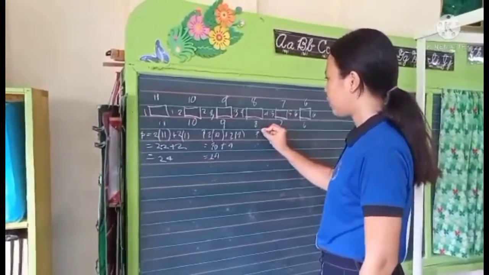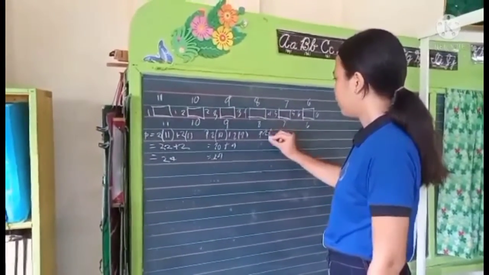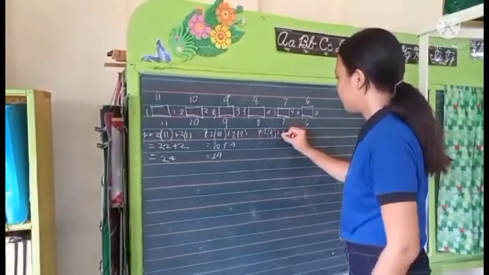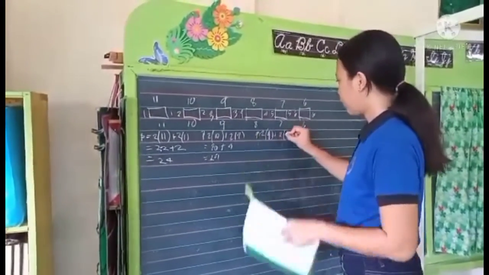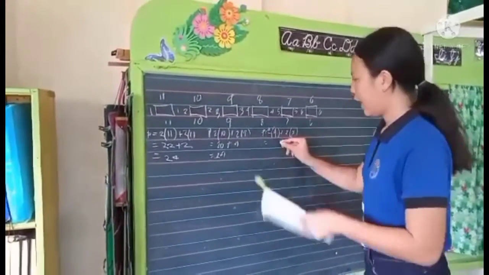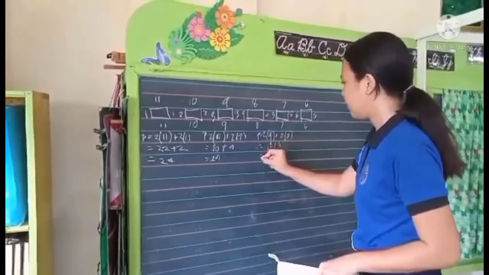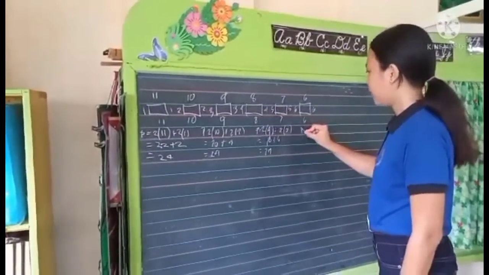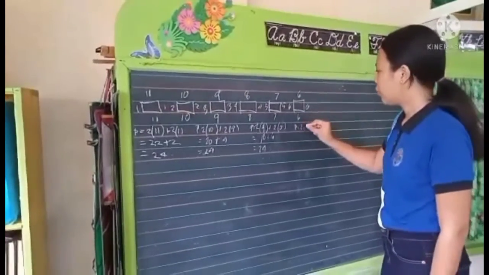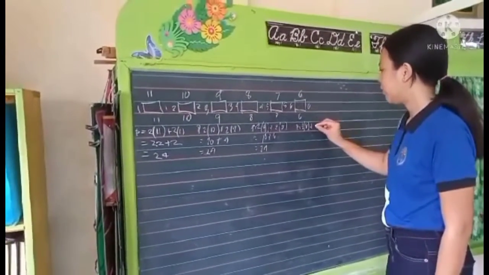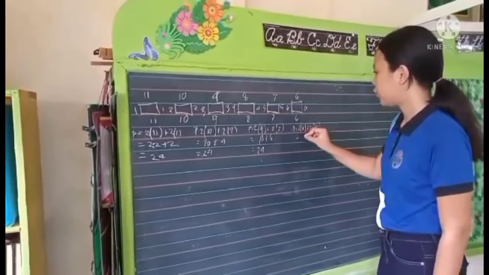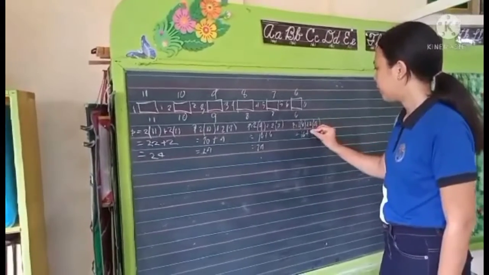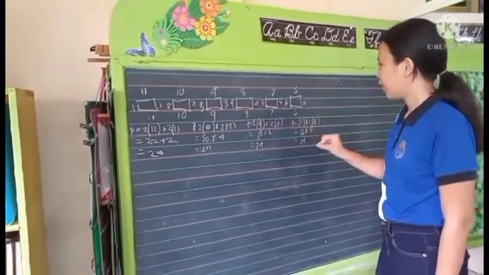P is equals to 2 times 9 plus 2 times 3 is equals to 18 plus 6 is equals to 24 again. Then, ito naman po tayo is P is equals to 2 times 8 plus 2 times 4 is equals to 16 plus 8 is equals to 24 again.